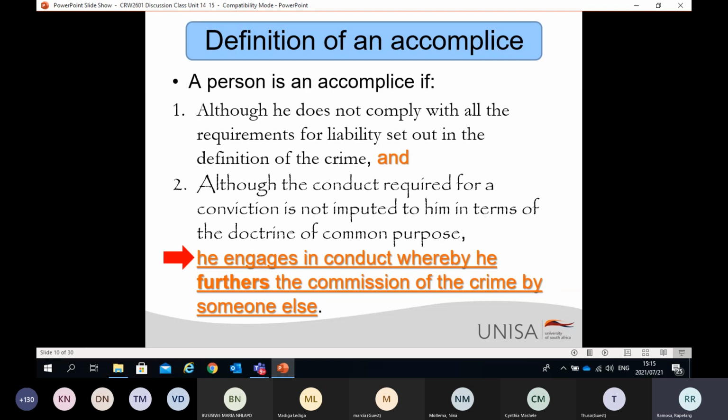Now, I will explain briefly that there are crimes whereby the doctrine of common purpose is inapplicable. Those kind of crimes are crimes whereby X has to perform those crimes by his own body parts, or X, for example, has to satisfy certain descriptors in the definition of that crime that only X can satisfy.